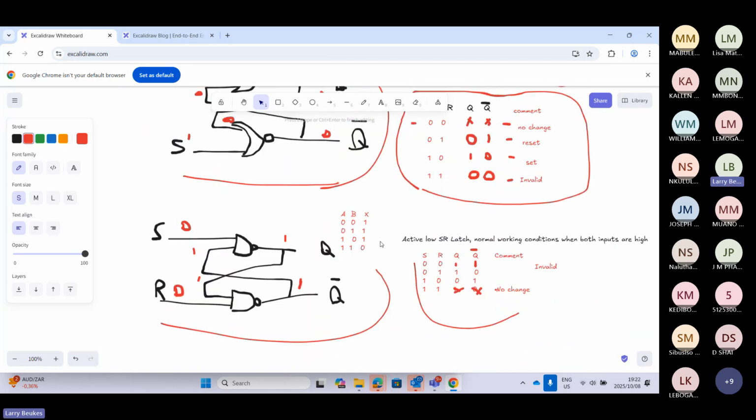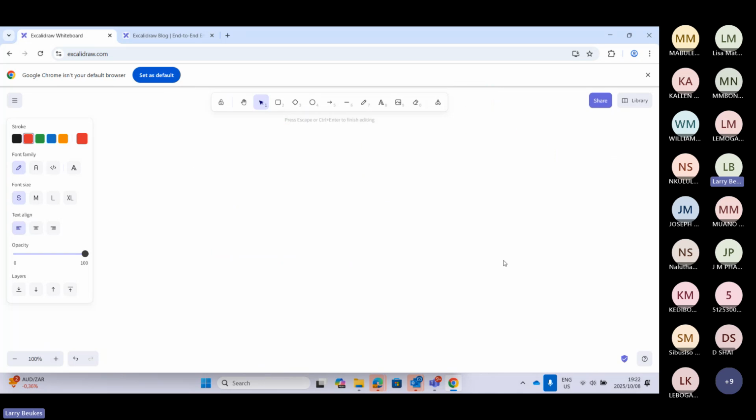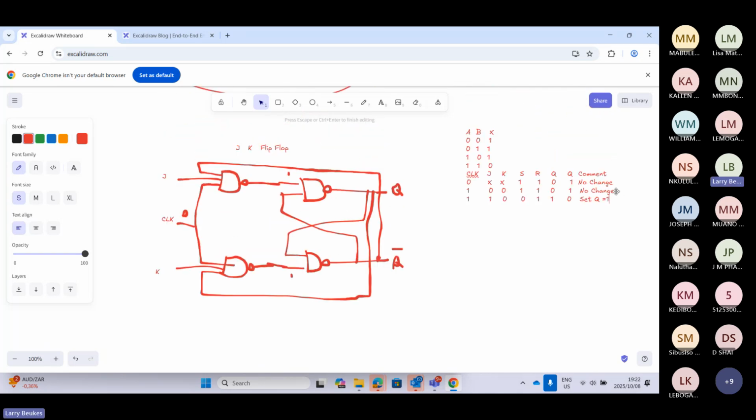Let's look for S and R being 0, 1, 0, 1. We had 1, 0, so we had this condition. Set, because Q is 1, right? And Q naught is 0. So we call that a set.